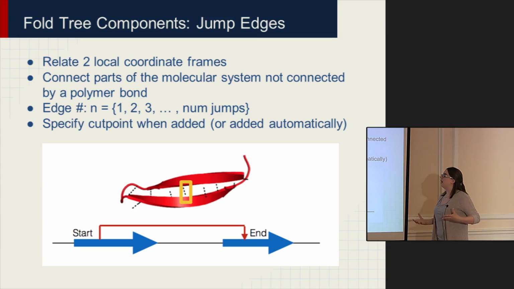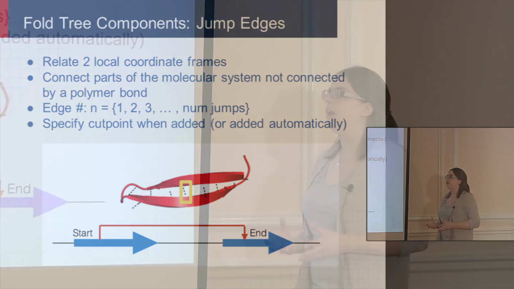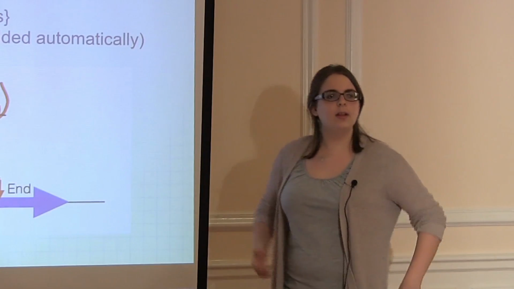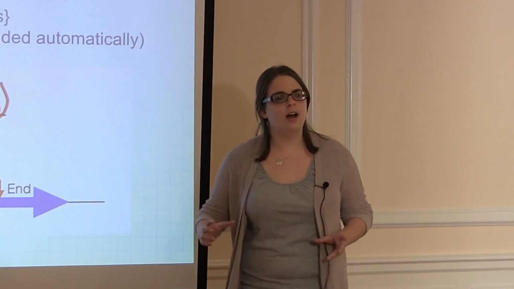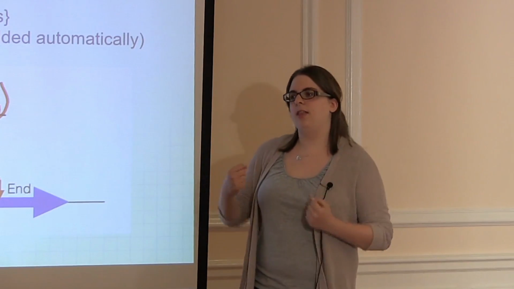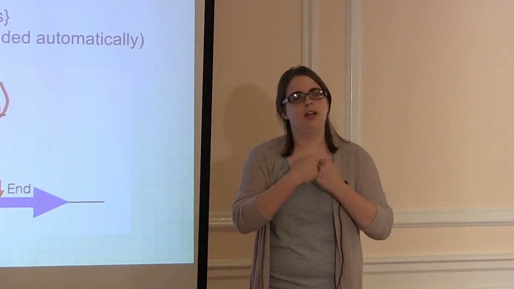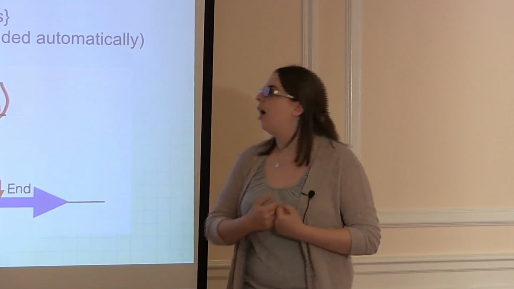This will connect parts of the molecular system that aren't necessarily chemically connected by a polymer bond, but you would want to relate to one another in modeling. My favorite example of this is protein-protein docking, where you have two partners, and those two partners get related by a jump edge in the fold tree.